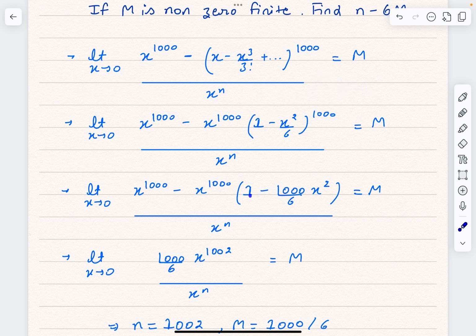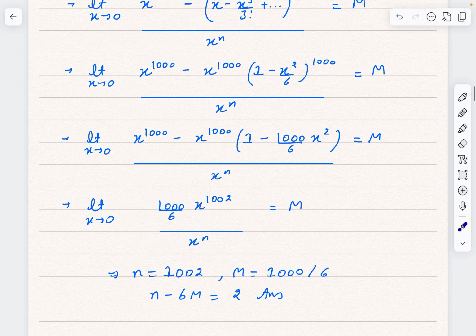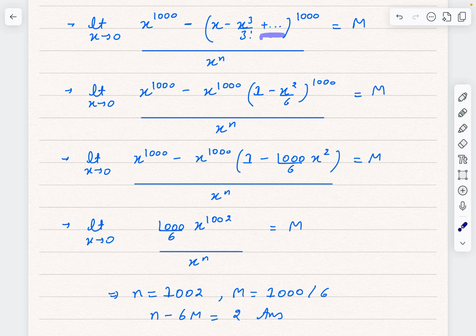So it becomes 1 minus 1000 by 6 x square. When you expand this, x power 1000 will get cancelled out. You just get 1000 by 6, x power 1002. Only the least power of x is required, the rest we can ignore. So I'm ignoring the terms here also and here also. When we use 1 plus x power n as 1 plus nx, all the remaining terms of the expansion I'm ignoring there because we just need the least power of x, because you want to make it non-zero.